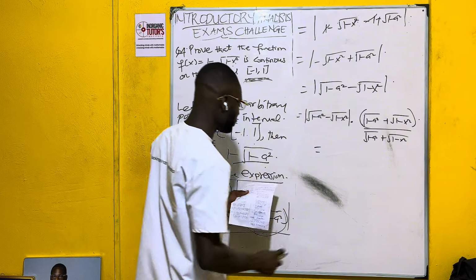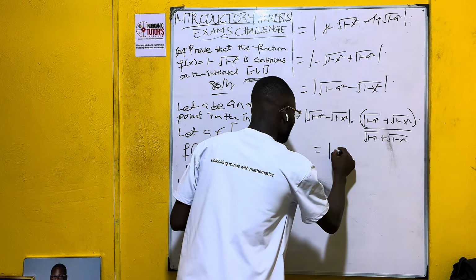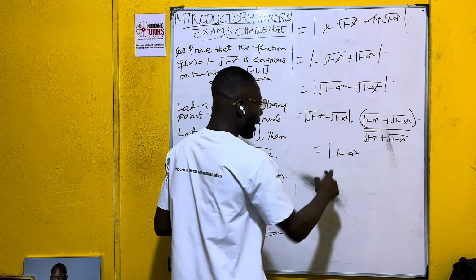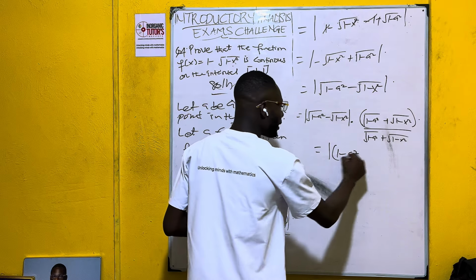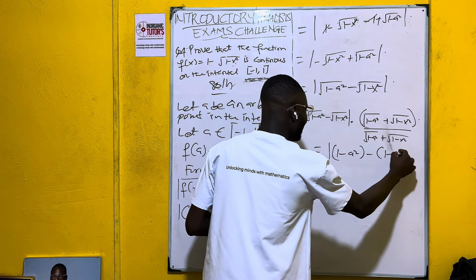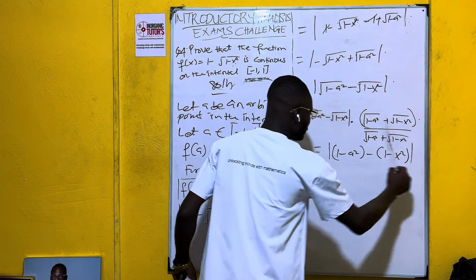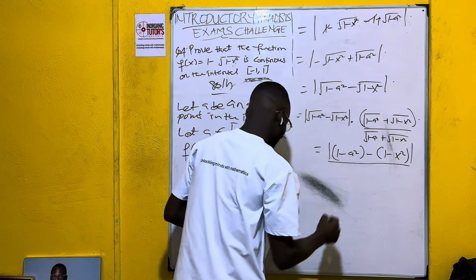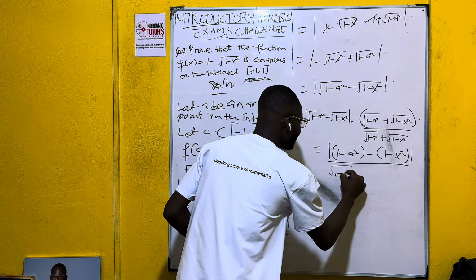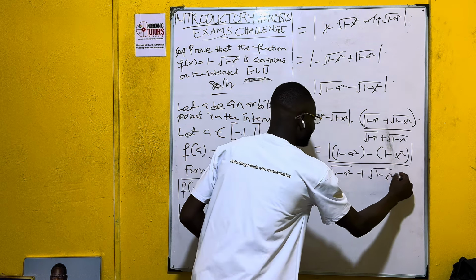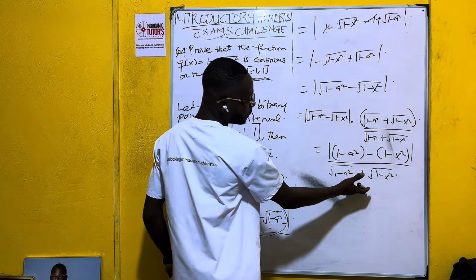Right. So this will give us absolute value of 1 minus a squared minus 1 minus x squared, divided by square root of 1 minus a squared plus square root of 1 minus x squared. Right, so this is what we have.